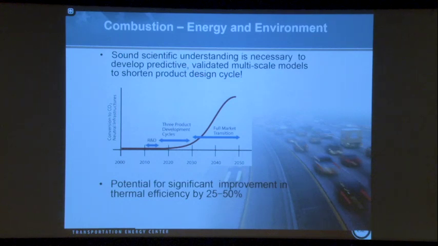These models can then be deployed to industry so that they can shorten their design cycle. For IC engines, this plot shows that it typically takes 15 years to go through a full design cycle and get a new product out to market. So it would be extremely advantageous for industry to shorten the product development cycle and move their new products out to market if they had a better scientific understanding with more predictive models in the end.